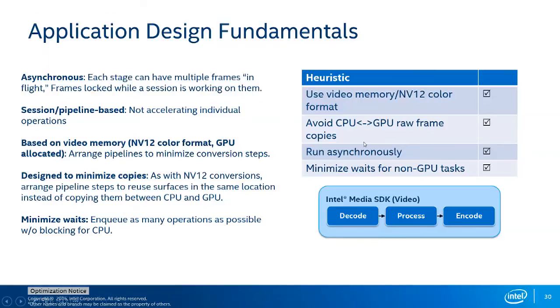Avoid frame copies by using the right or the matching video format, and running asynchronously is important. Also make sure your application is basically staying out of the way. So this can mean possibly threading or possibly just making sure that the SDK is getting the most uninterrupted flow of new tasks that your application can provide.